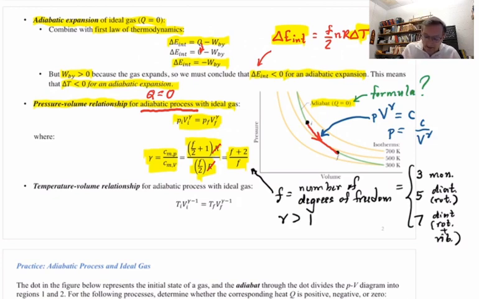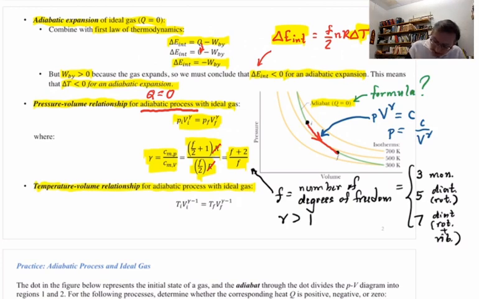In that case, our adiabatic relationship between P and V isn't that helpful. But we can use the ideal gas law and that P-V relationship and get a relationship between T and V for an adiabatic process, and that would also be helpful. So we need to know the temperature-volume relationship for an adiabatic process with an ideal gas. I'll just show you briefly how you get it. It's not hard.